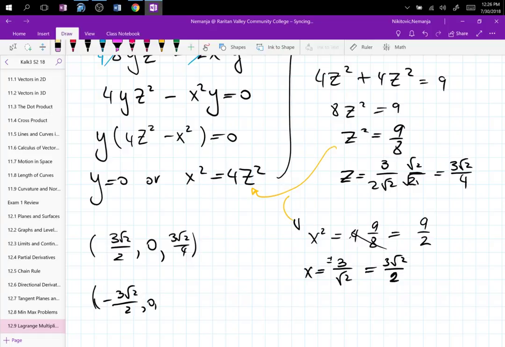No, it's not a 0 at the end. It's x flipped. So minus 3 root 2 over 2. Good.